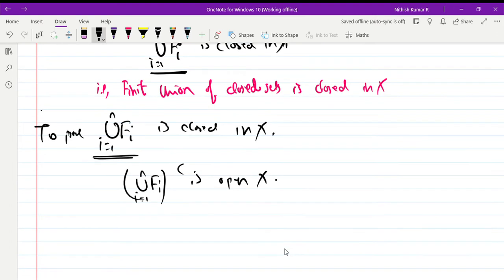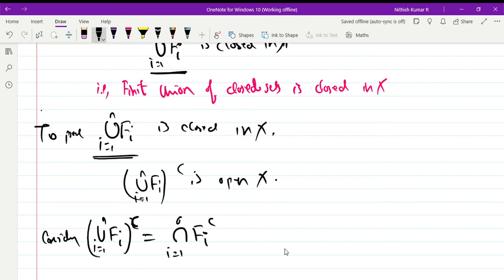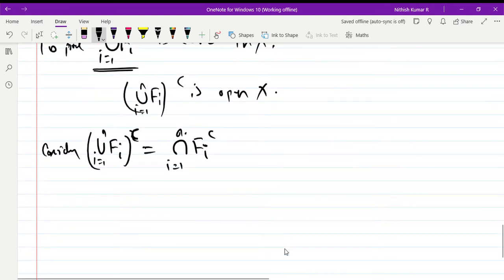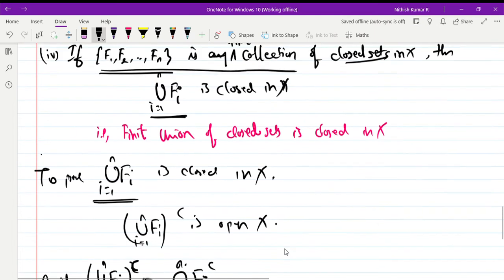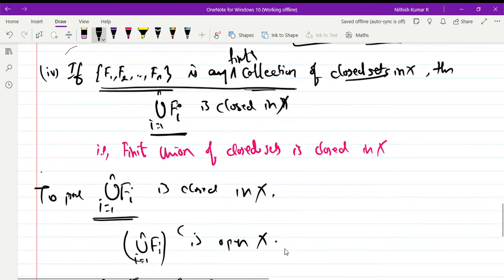Now consider the union of Fi, i from 1 to n, whole complement. This is equal to the intersection of Fi complement, i from 1 to n. Since each Fi is a closed set, its complement is open.